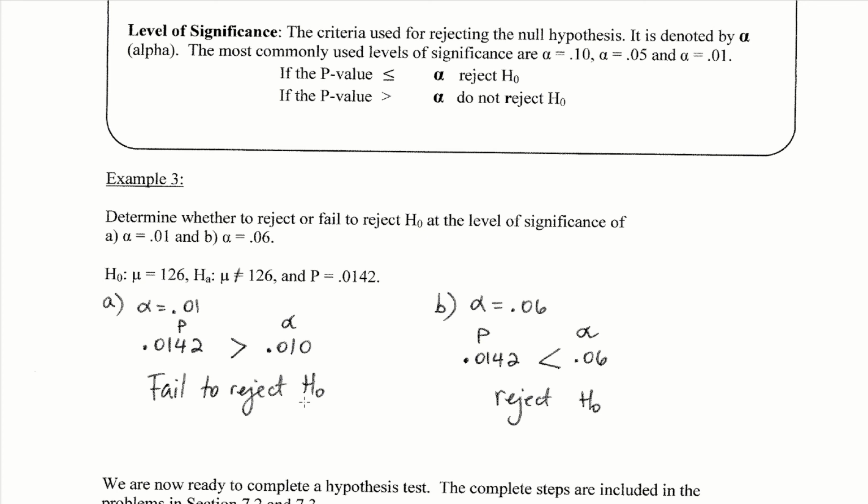So fail to reject H0. If alpha was, let's say, 0.06, then 0.0142 would now be less than 0.06. And when P is less than or even equal to alpha, we will make the decision to reject the null hypothesis.